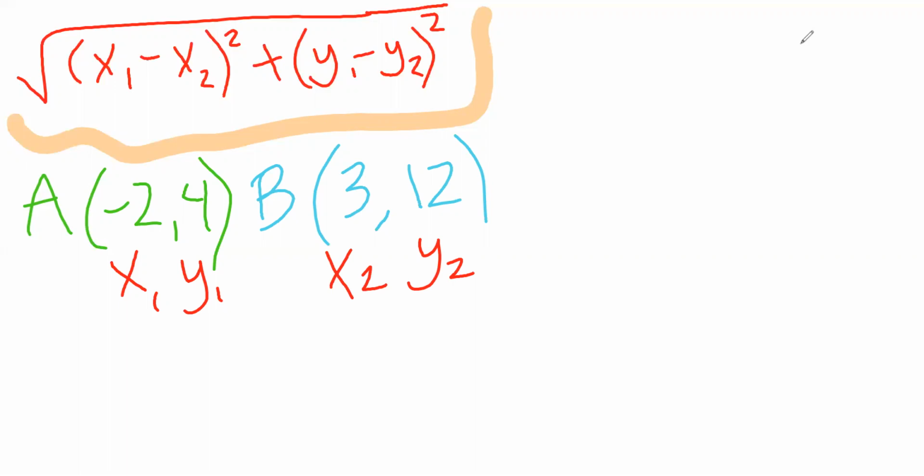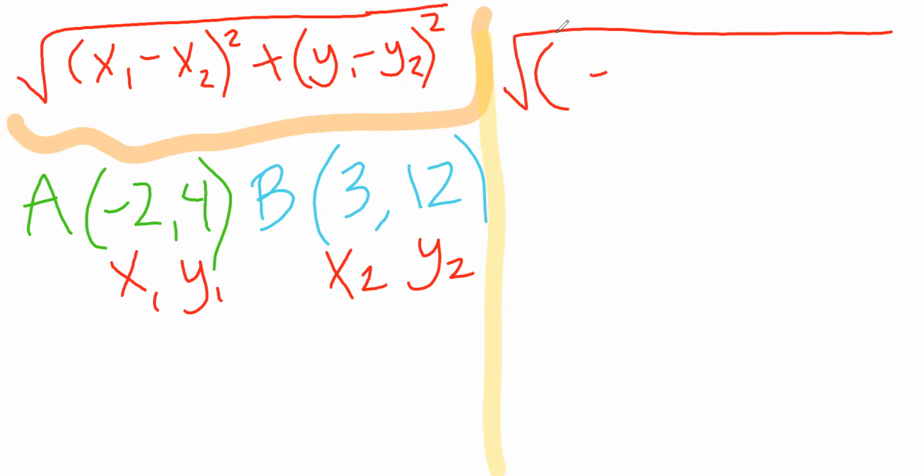We're going to go ahead and substitute in our values into our formula. So we have the square root of, I'm just going to put my little format here. All right, let's go ahead and substitute in my values.